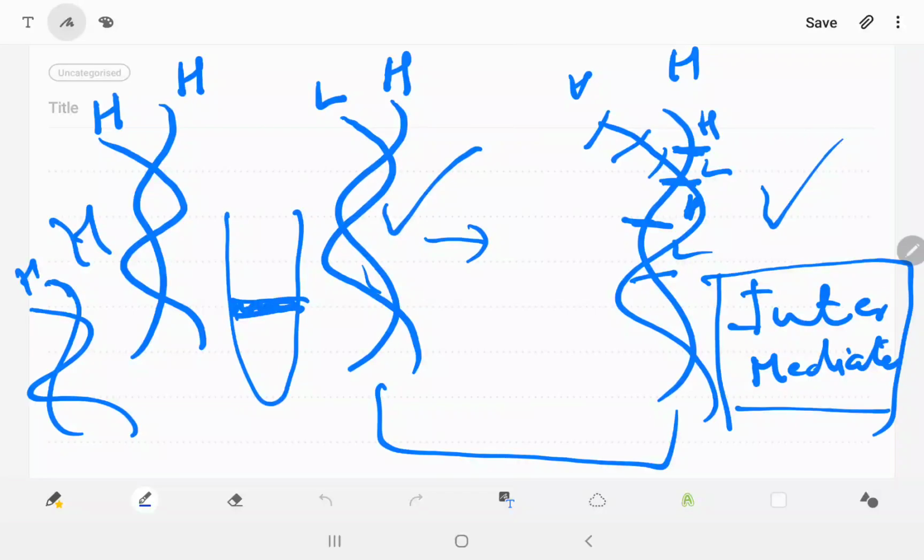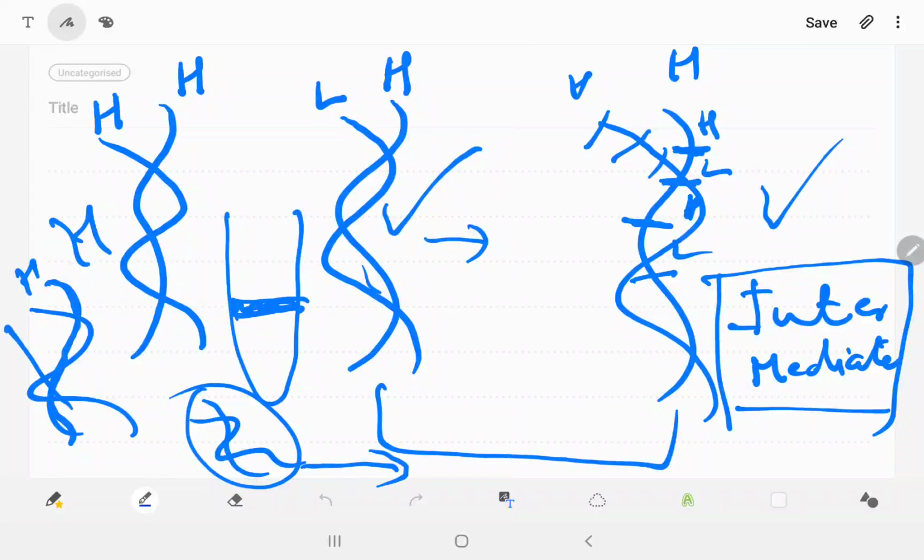Instead, two new strands are made, and those two new strands are complementary to each other. Parents are separate, the new strands are separate, the offspring is separate. There is no complementarity between the parental strand and a new strand. Complementarity is between the new strands themselves. This is called the conservative model.